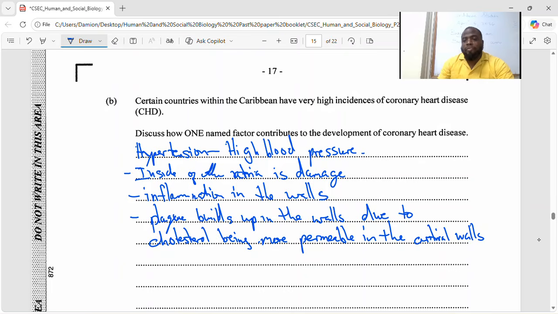Now, this buildup is what causes the heart to have to increase in pressure.